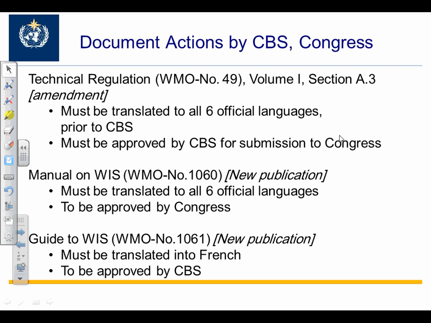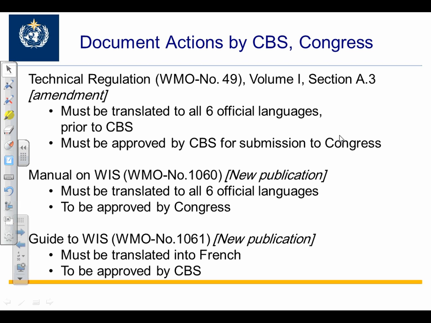Last, we have another new publication, which is the Guide to WIS, and also it has a publication number, designated in the publication series as WMO number 1061. This document is approved by CBS only, and it will also only be available in French and English.